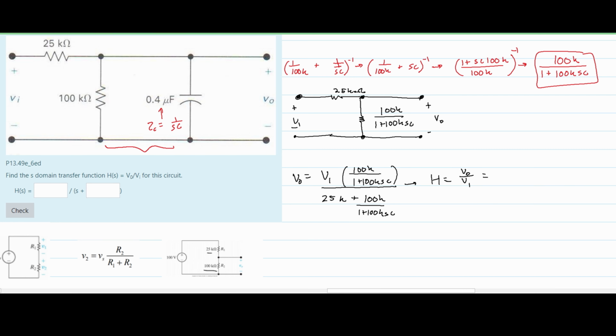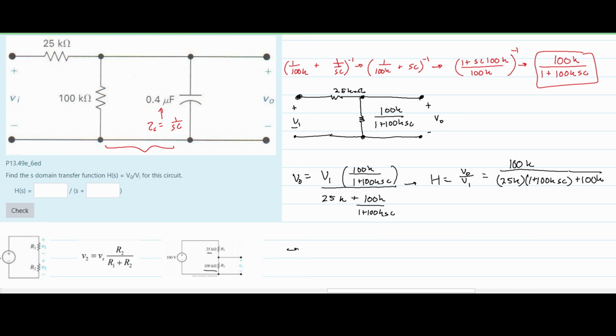To simplify this, we can multiply the top and bottom by this 1 plus 100K SC, and that will get rid of the denominators. So we are going to have this equal to 100K, divided by 25K times 1 plus 100K SC, plus 100K.